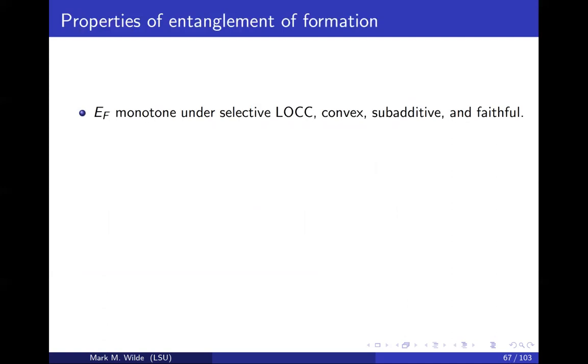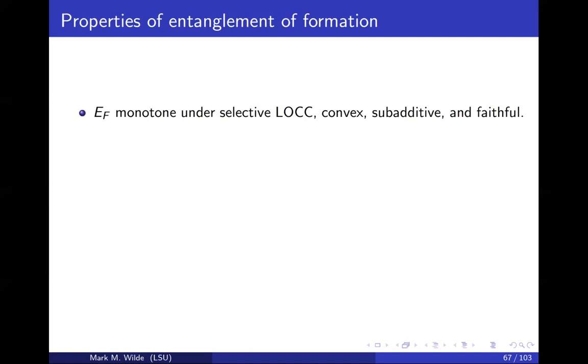What are its properties? I'll just state them. I won't prove them. If you want proofs, you can look in the book with Sumit. Entanglement of formation obeys the LOCC monotonicity, and more especially, it obeys the selective LOCC monotonicity. It's convex and it's faithful.